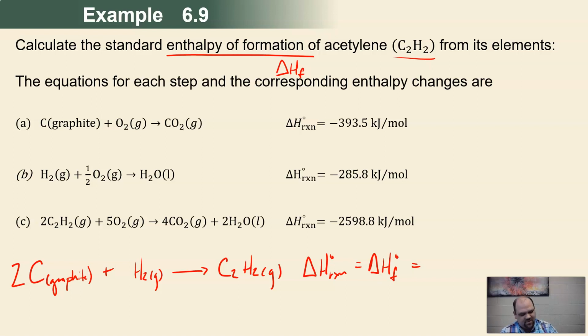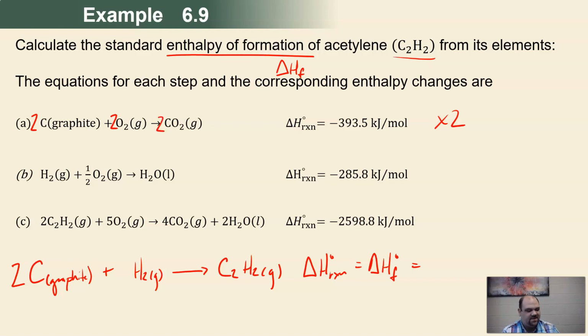And so we have 1 mole of graphite here in reaction A. We have 1 mole of graphite. But our overall reaction needs 2 moles of graphite. So what we're going to do is we're going to multiply this whole reaction by 2. And so then that's going to be 2 carbons and 2 O2s, give me 2 carbon dioxides.